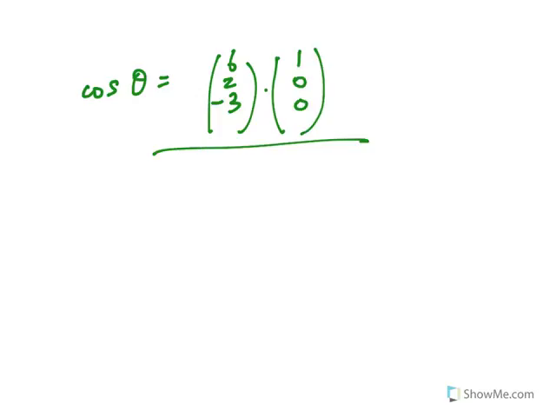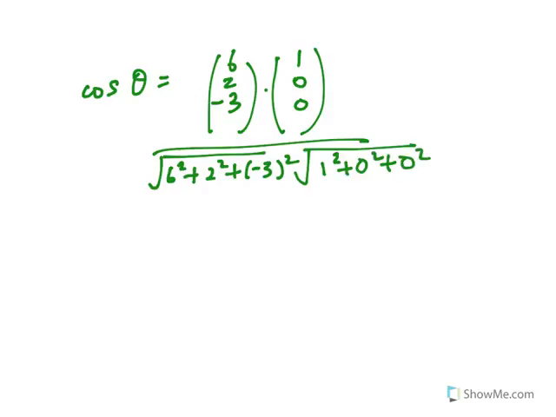So cosine theta equals 6, 2, negative 3 dot product with 1, 0, 0, over the modulus of each: 6 square plus 2 square plus negative 3 square, times 1 square plus 0 square plus 0 square. The numerator gives us 6, and the denominator gives us 7.